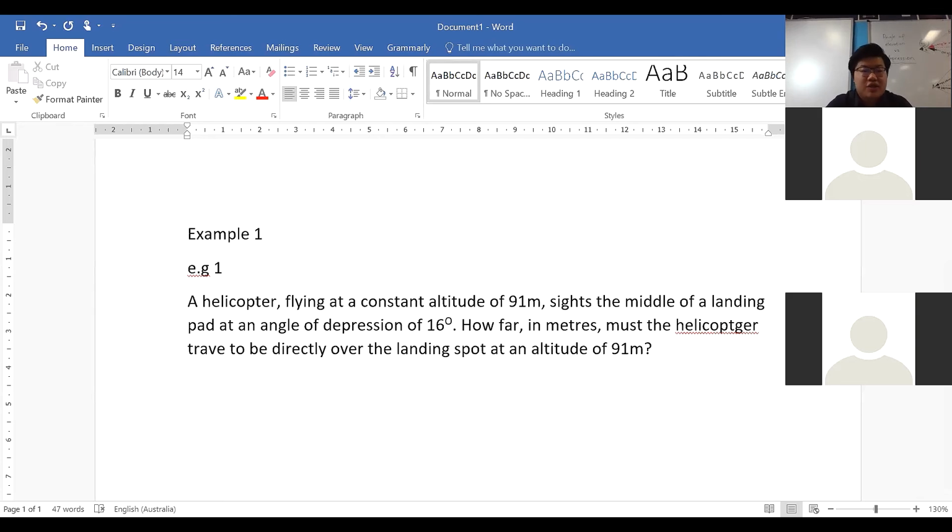So, a helicopter flying at a constant altitude of 91 meters. I'll give you a few seconds to jot it down.